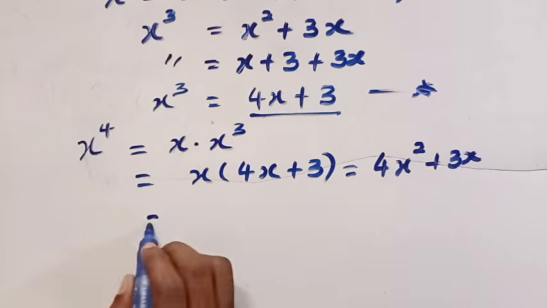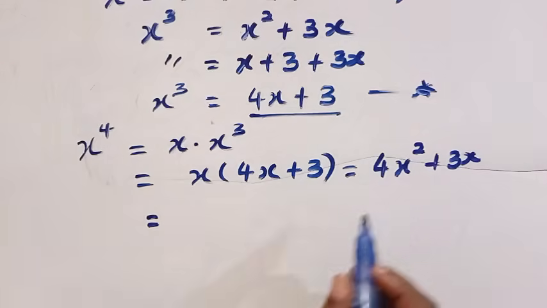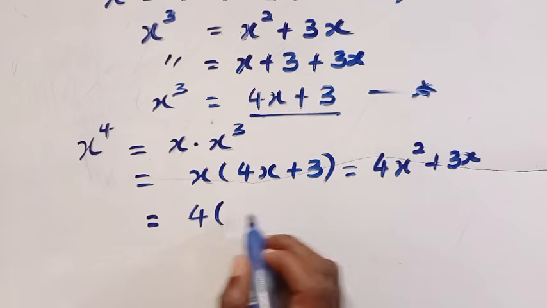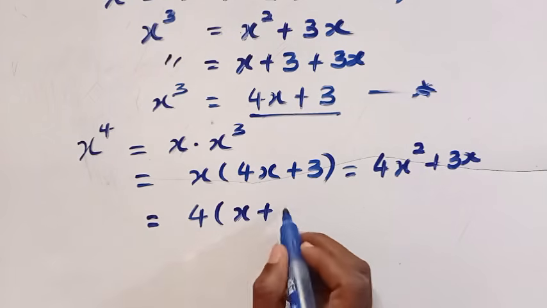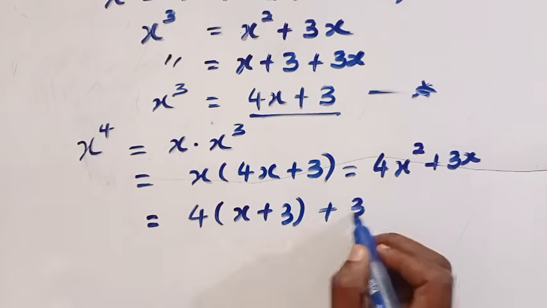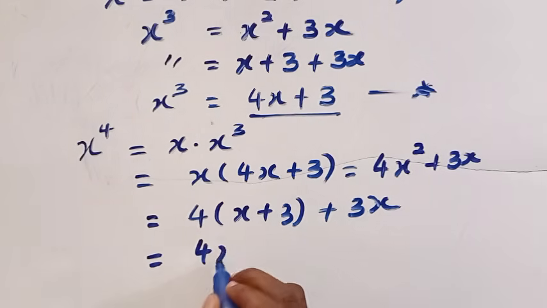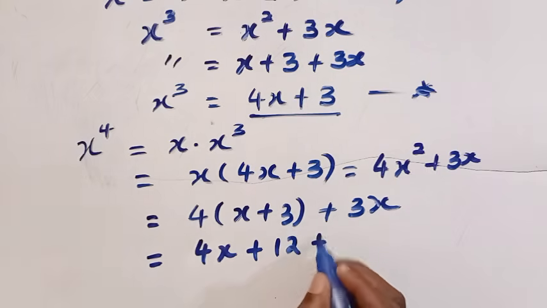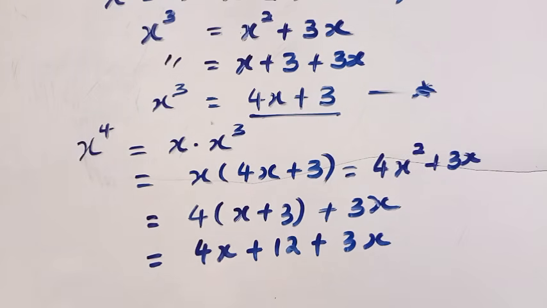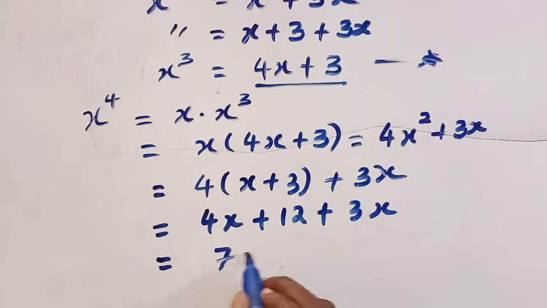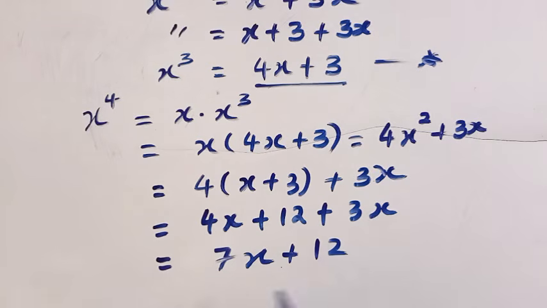Again, what is x to the power of 2? It is x plus 3. By replacing it, we have 4 times x plus 3, plus 3x. Expanding this out, we have 4x plus 12 plus 3x. Then 4x plus 3x gives us 7x plus 12. That is the value of x to the power of 4.